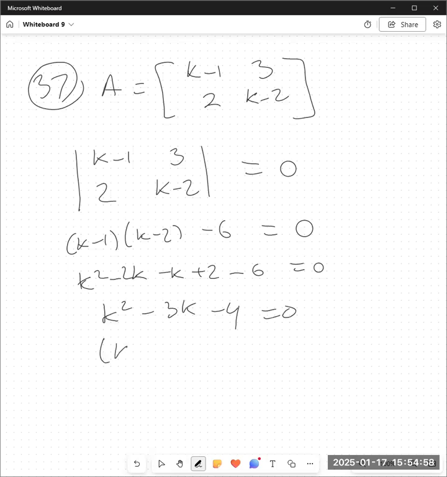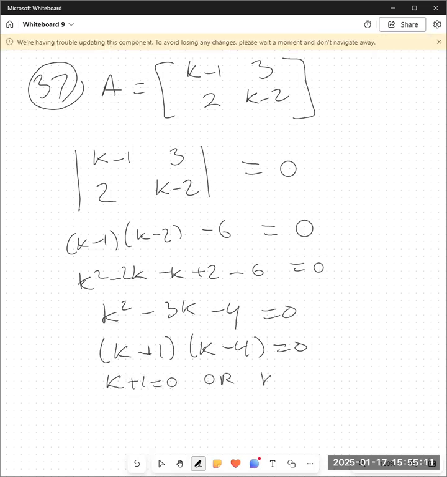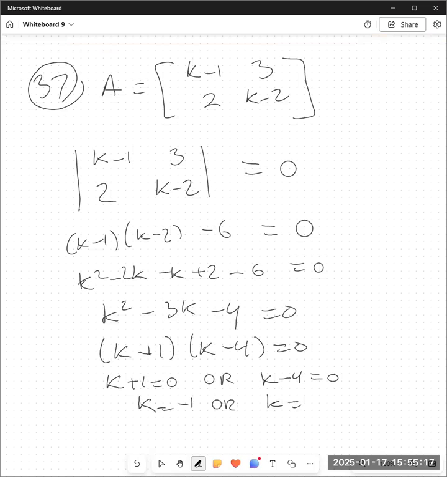So that's k plus 1 times k minus 4 equals 0. K plus 1 equals 0, or k minus 4 equals 0. K equals negative 1, or k equals 4.